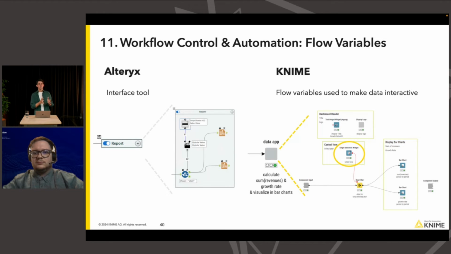Now, a question to Marcel again: where are the similarities here? Because this is only one use case of flow variables, but what would be similar in Alteryx, and where do things start to diverge? As I mentioned before, with the interface tool, you can pass certain user inputs to different tools. So, for example, here is a drop-down menu for a filter, which is similar to KNIME.